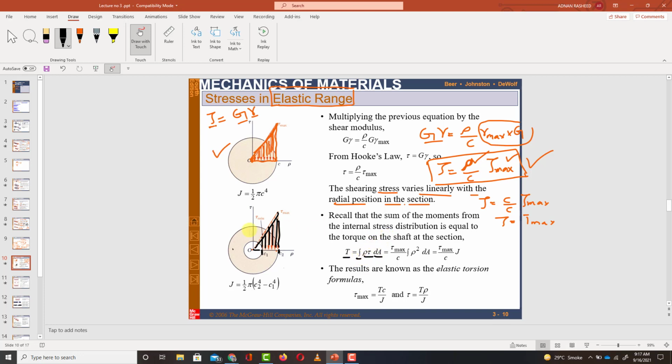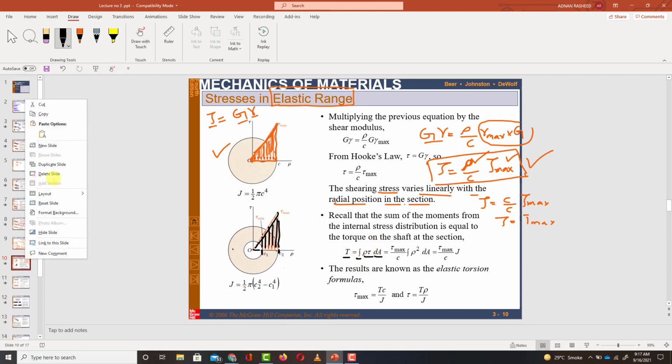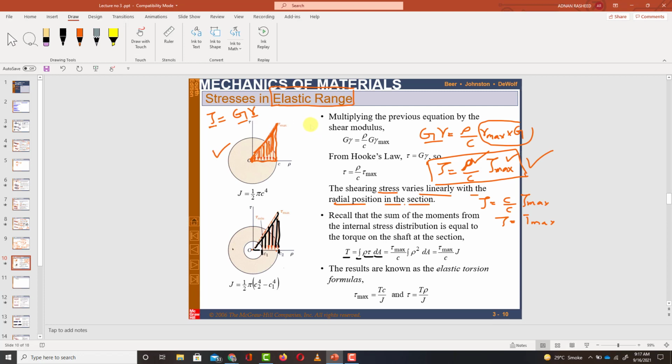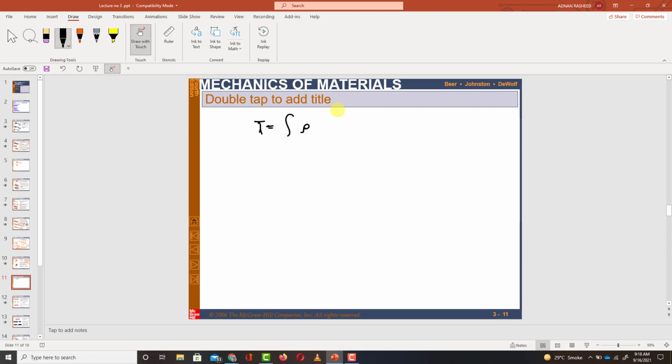So let me write it again over here so that it does not confuse you. So that torque was equal to integral of rho tau into dA. Rho tau into dA.